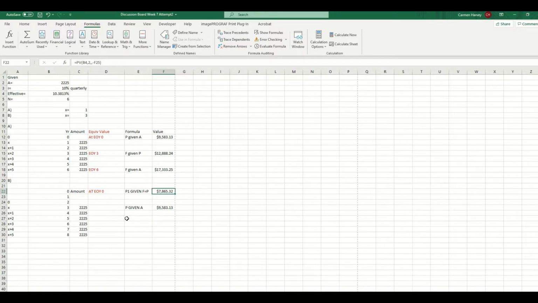And then since we're still looking at X plus 2, that is going to be the end of year 5.